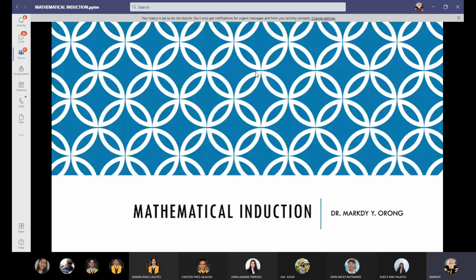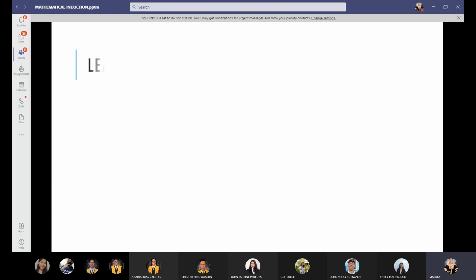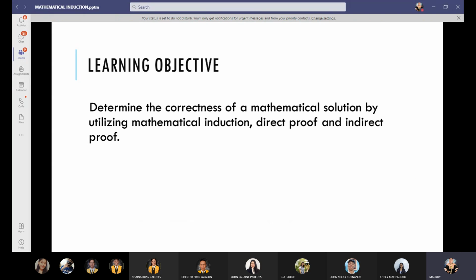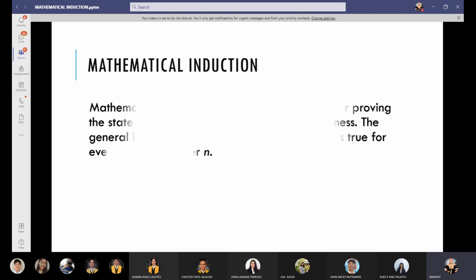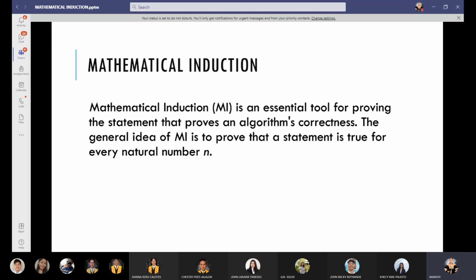This afternoon we will have mathematical induction. The learning objective for this afternoon: you will be able to determine the correctness of a mathematical solution by utilizing mathematical induction, direct proof, and indirect proof. Mathematical induction is a tool for proving statements, and it provides an algorithm correctness.